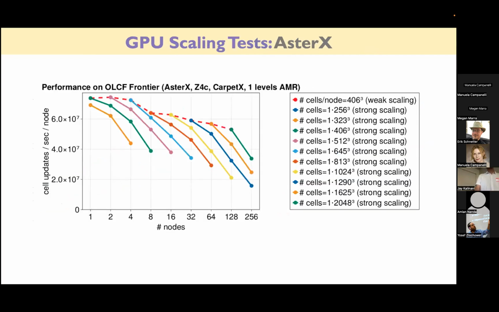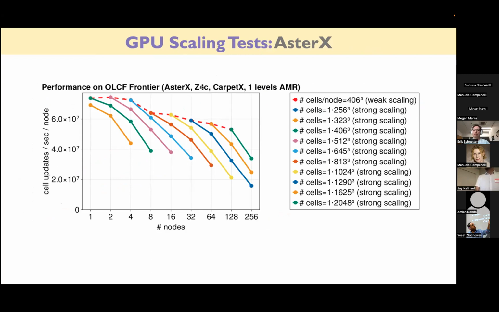In terms of GPU scaling, recently we had a workshop organized by Frontier on the Frontier cluster, OLCF, so we did some scaling tests there as well. We found that we were able to improve the performance, but we still need to do a better job. Here you have scaling tests for a TOV star, also evolving the Z4c, but we evolve for just a couple of iterations.